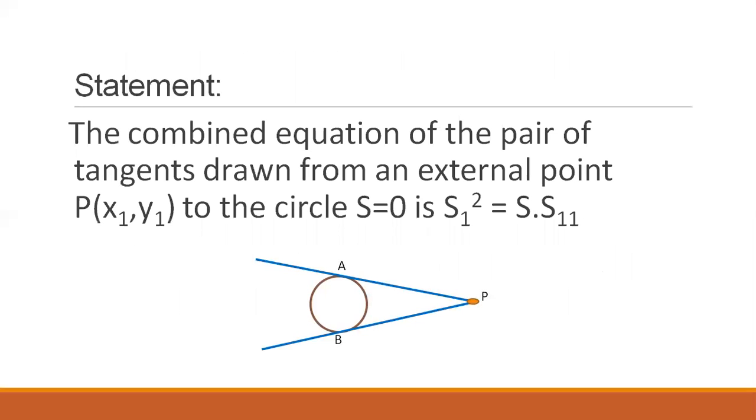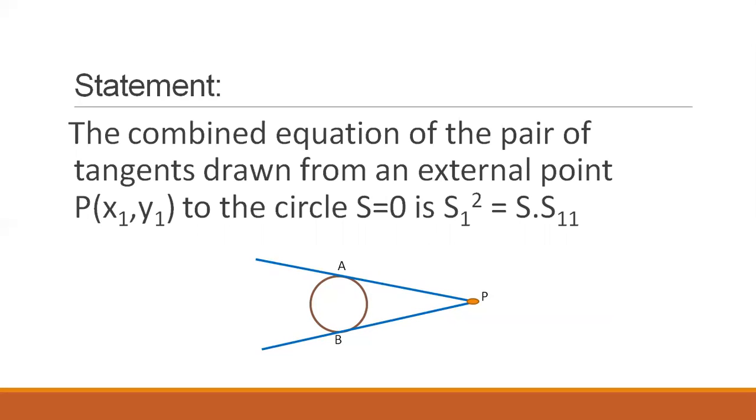Now let us discuss an important statement, children. Let P be an external point for the circle S is equal to 0. Then there exist two tangents from P to S equal to 0. Let PA and PB be the tangents drawn from P to S is equal to 0.